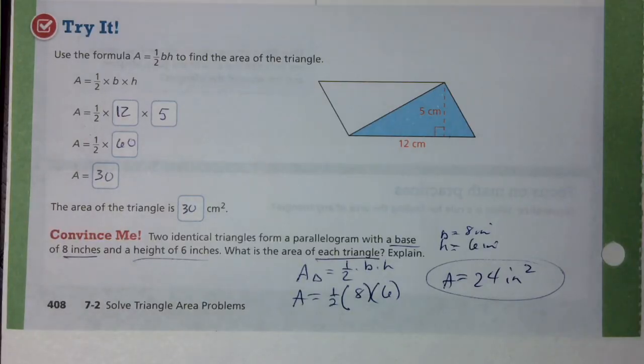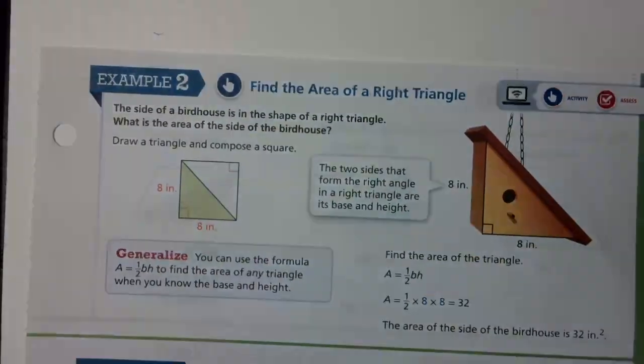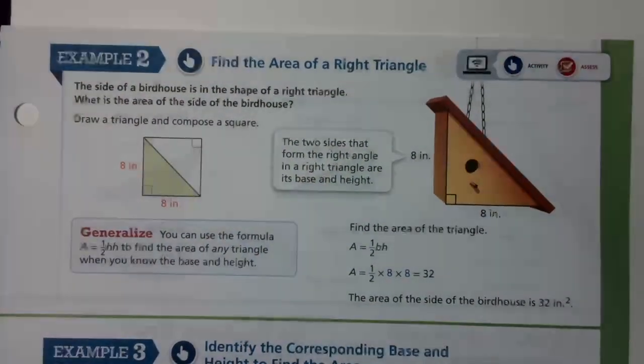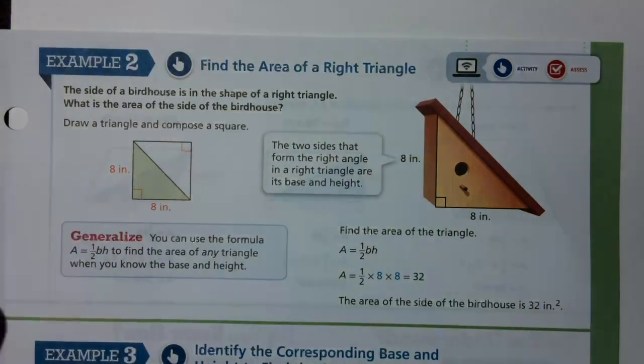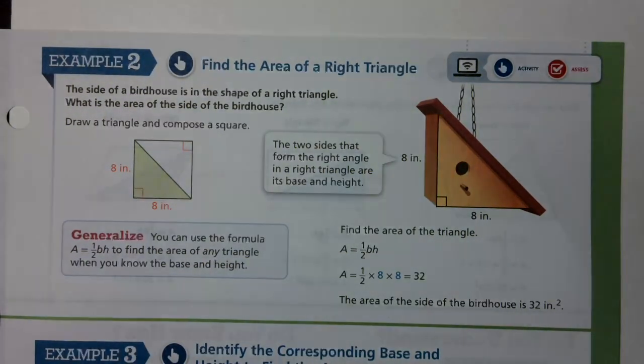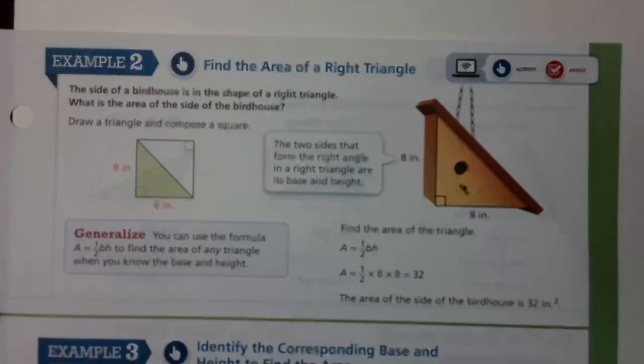Alright, let's go to example 2. Find the area of a right triangle. Notice it looks like a birdhouse. The side of the birdhouse is in the shape of a right triangle. Remember, a right triangle has one right angle in it. And it wants to know the area of the side of the birdhouse.